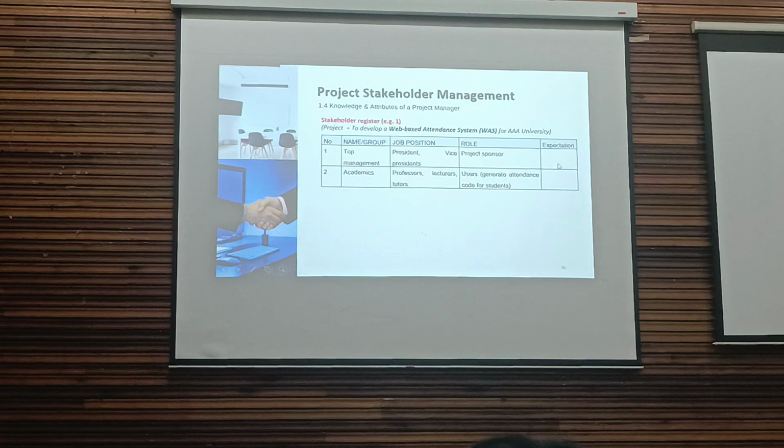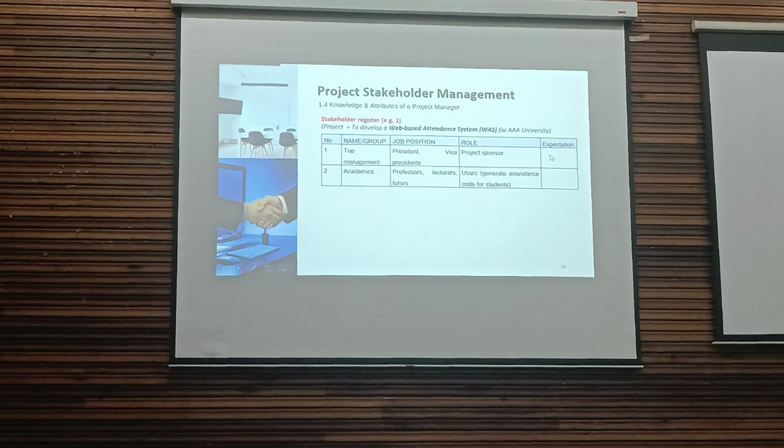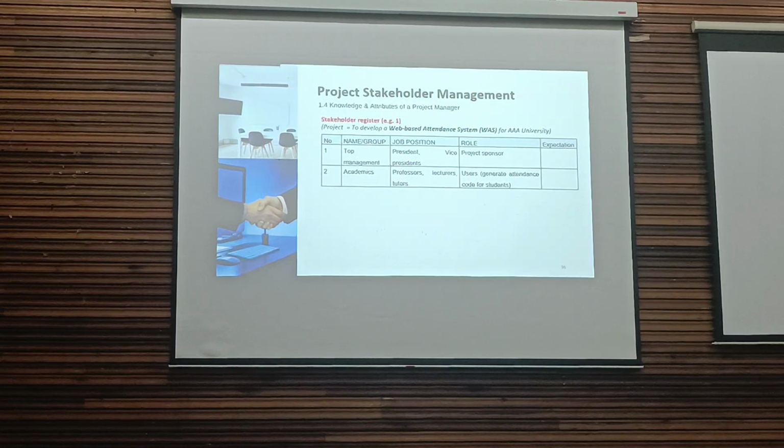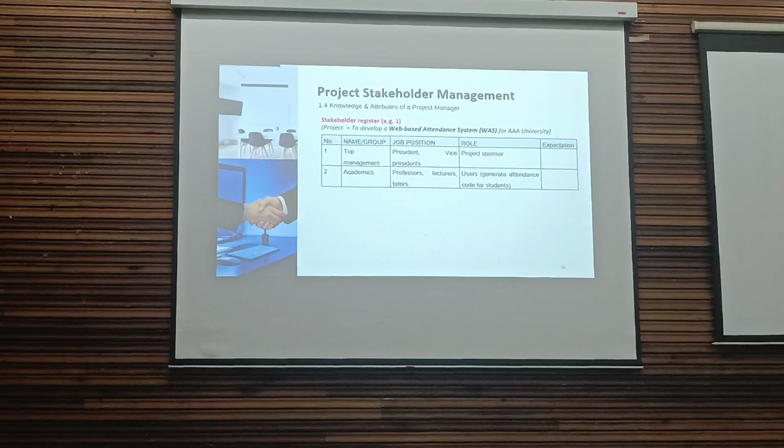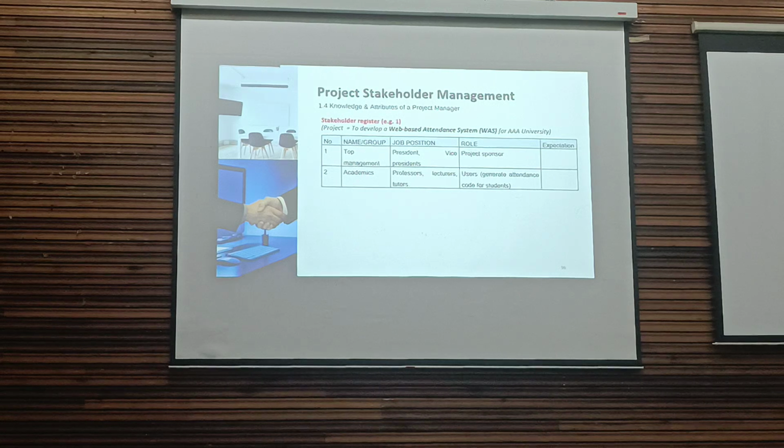So what do you think are the expectations of top management when asking you to do this project? To complete the project on time, within budget and meeting quality requirements. If you're the top management, you are asking a company or your IT department to do this project, it cannot be that you have no expectation.